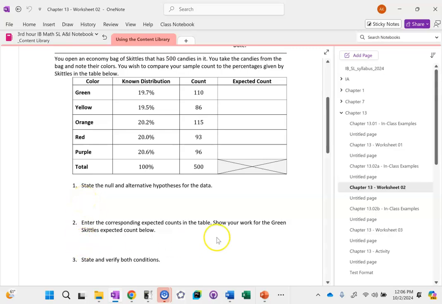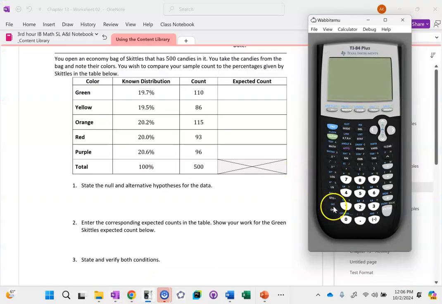Okay. It says then, enter the expected counts. And it says to just show your work for the green Skittle calculation. Let's just do this on our calculator here. So the way I would do this is I would use my table here to do this.